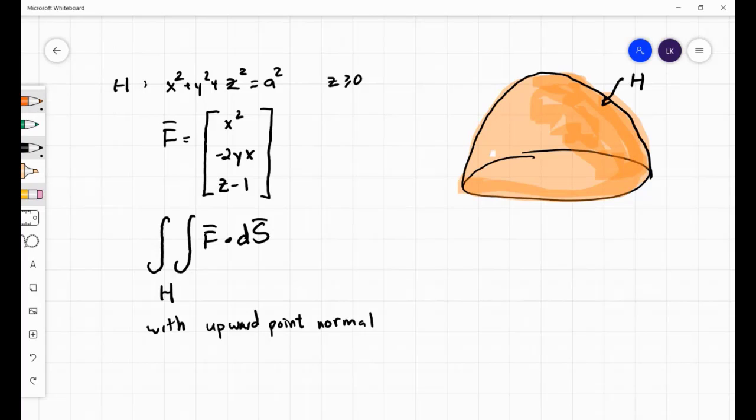So if we have a normal, it'd have to be pointing upward. Now, we could try to parametrize the surface, our sphere, and then compute this flux integral.